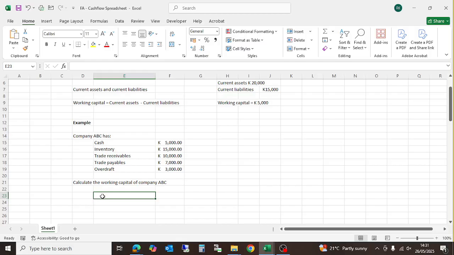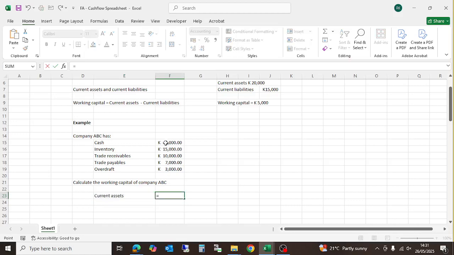Okay. Based on the information that we have been given on the assets and the liabilities for company ABC, we will take into consideration first the current assets which we have. So we have cash of 5,000. Then we have inventory, which is a current asset as well.